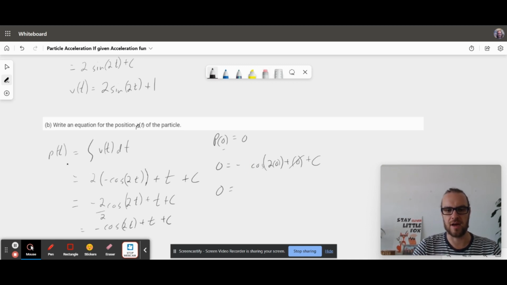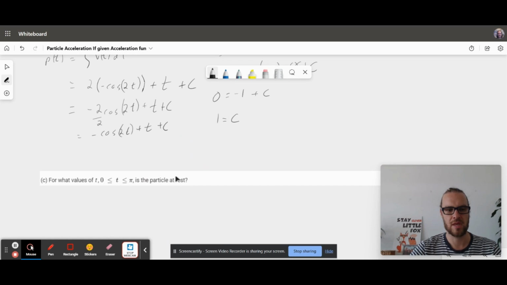All right, so we've got cosine of 2 times 0 is 1, so negative 1 plus c. When we move that 1 over, we get that once again c is equal to 1. So our entire position function then is going to be negative cosine of 2t plus t plus 1.